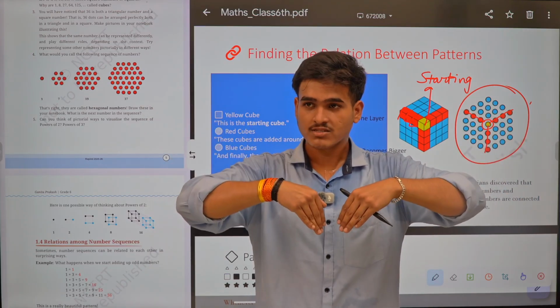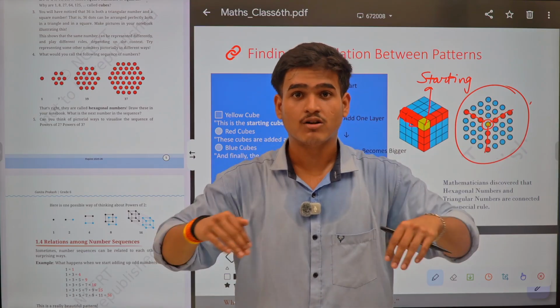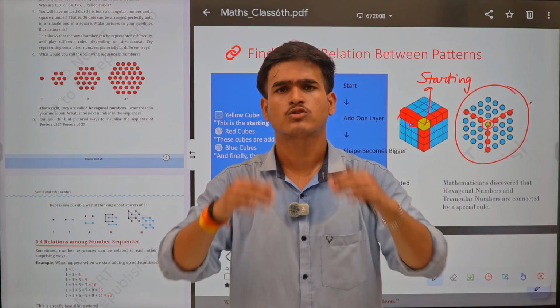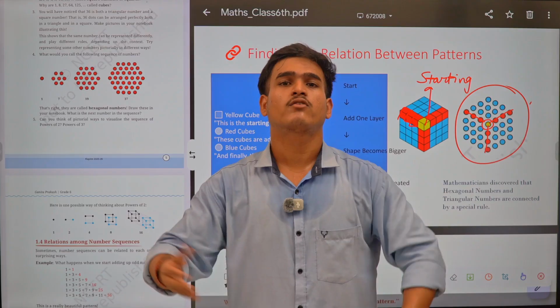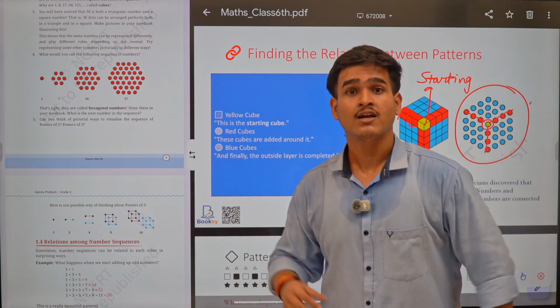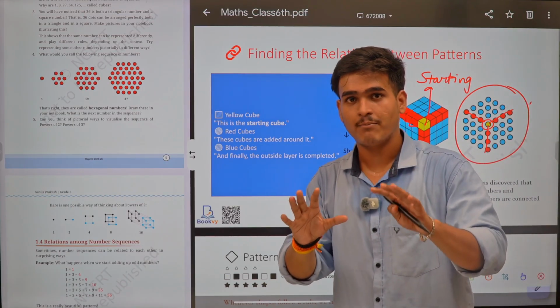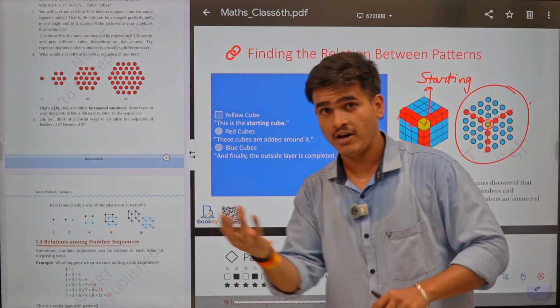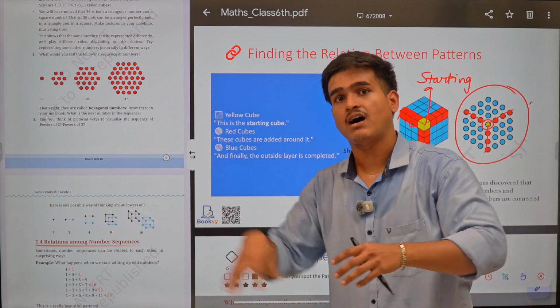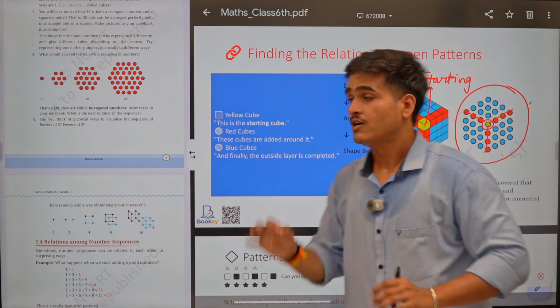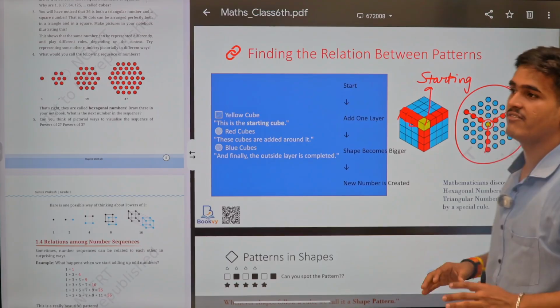Then the whole box is considered a triangle, rectangle box or cubic box or anything, and then you put the sheet, mattress, pillow and so on on top. So that is the layering on top. Understood what I am trying to say? The starting point, the covering point, and the outside layer is known as finding the relation between the patterns.